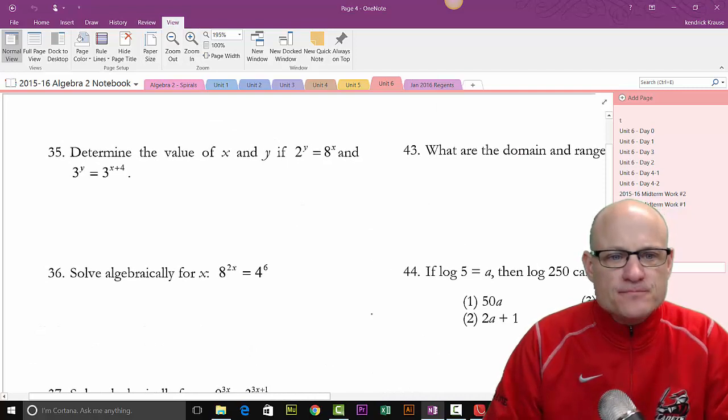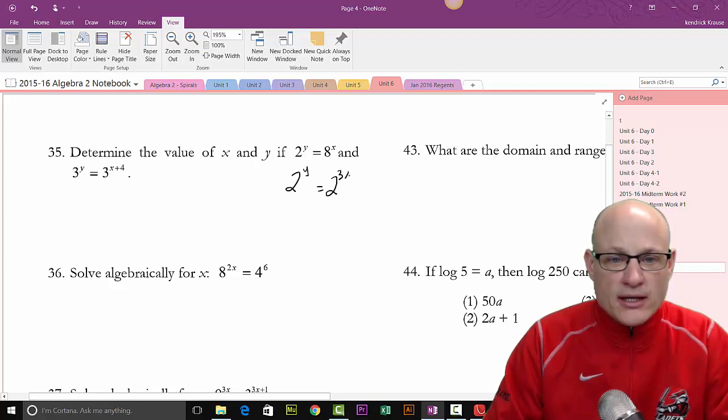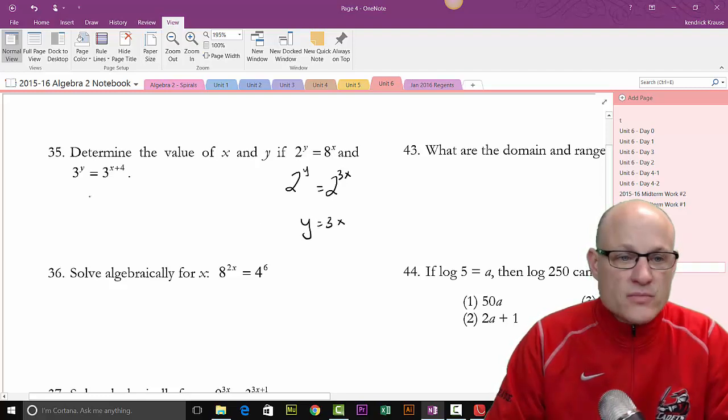So let's see. 2 to the y is equal to 2 cubed x. So y is equal to 3x. And over here, these are already equal, so I can say y equals x plus 4.